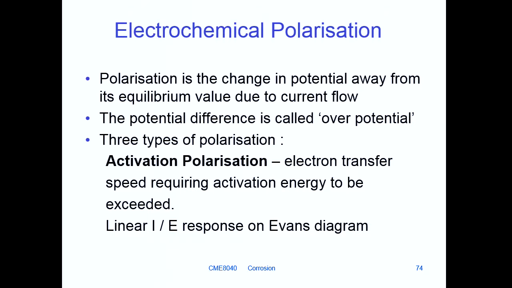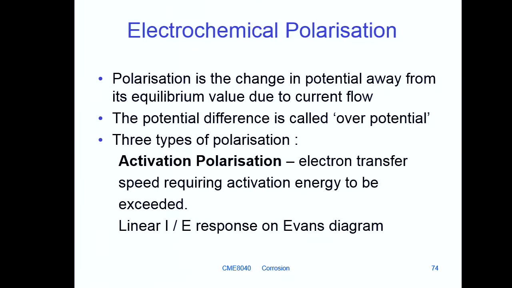And what that means, if you look at potential against current, is when you've got no current, you've got an equilibrium potential value somewhere. But if you start current flow, if you actually start this reaction going, there has to be a potential change, usually a little potential drop, and then it'll steady out.